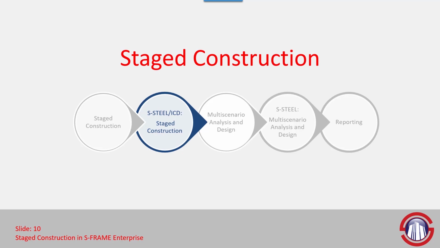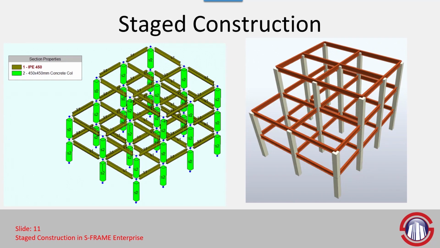We will proceed now with the design code check for this structure using steel and the integrated concrete design. As you already know, this is a mixed concrete steel structure where the columns are made of concrete and beams made of steel.